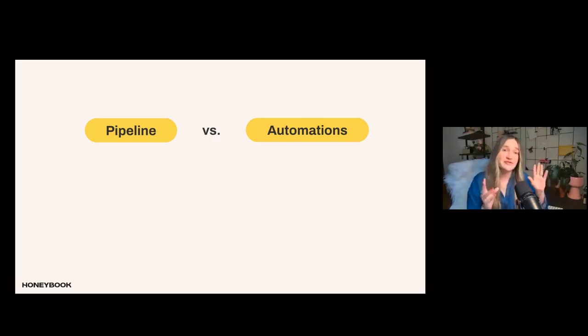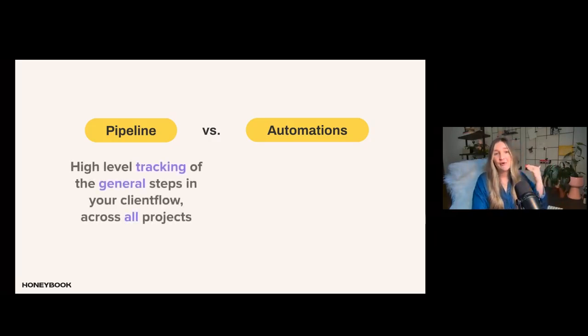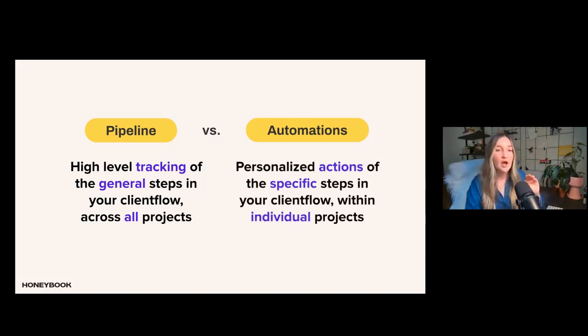The simplest way to put this is the pipeline is for high level tracking of the general steps in your client flow across all of your projects. I've got the keywords highlighted here. They're high-level tracking of the general steps over all projects. Automations are personalized actions for very specific steps in your client flow within individual projects. So they're like a layer deeper than this.